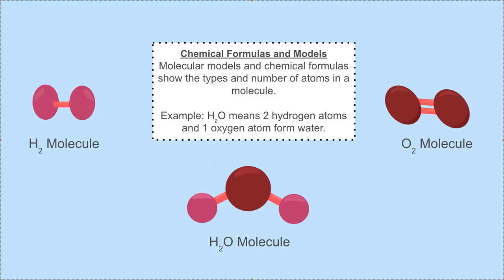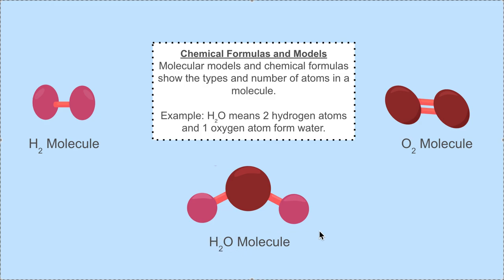Because atoms are too small to see, and so are molecules, scientists use chemical formulas and molecular models to show the types and number of atoms in a molecule. So here we can see these are ball and stick molecular models showing hydrogen, water, and oxygen molecules. And you can see that the chemical formula lets you know which atoms are in each molecule and how many of each type there are.